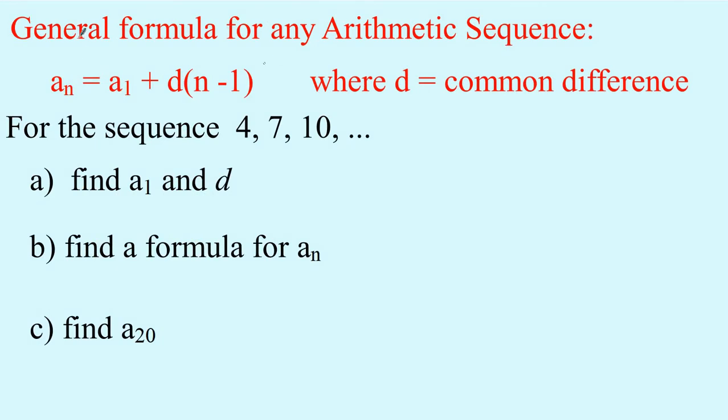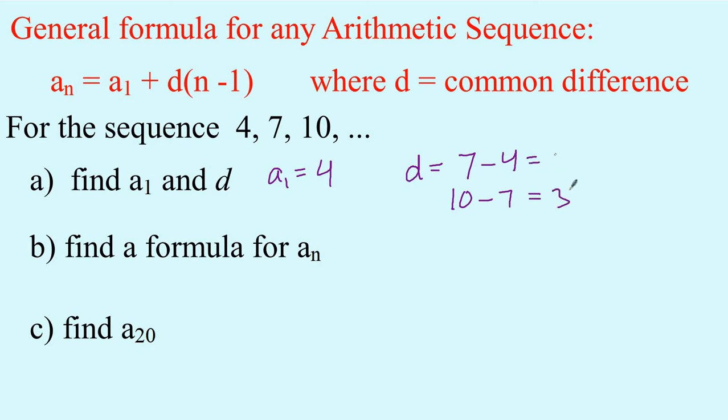So let's apply that general formula to a pattern. Here we have a pattern 4, 7, 10, etc. The first term in the sequence is 4. And the difference we can get by taking one term and subtracting the term before it. So 7 minus 4, or 10 minus 7.